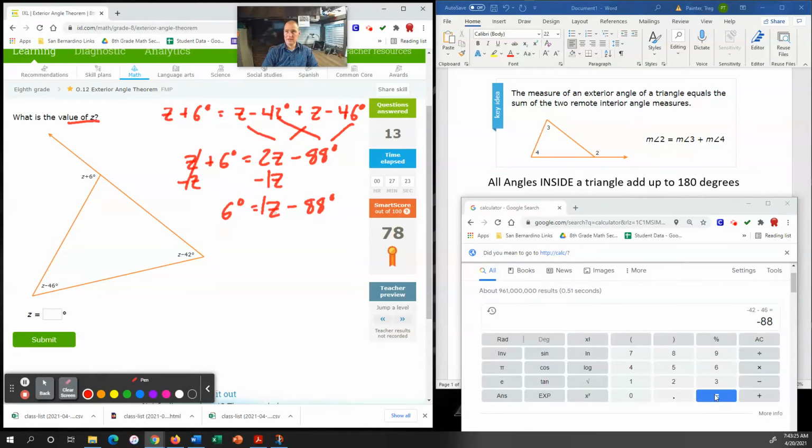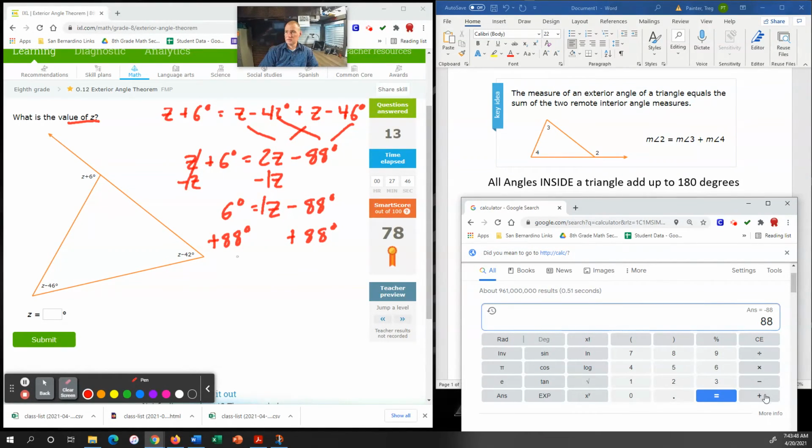Last step, we're trying to get Z by itself. Opposite of negative 88 is plus 88 degrees. But if I add 88 degrees to one side, well, I sure better add 88 degrees to the other side. So 6 plus 88, ooh, that's a good one. Should be 94, but, you know, let's double check.